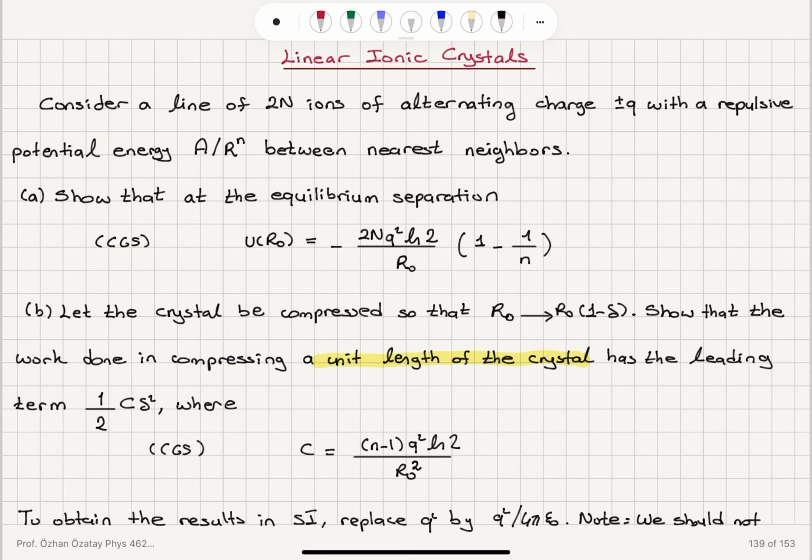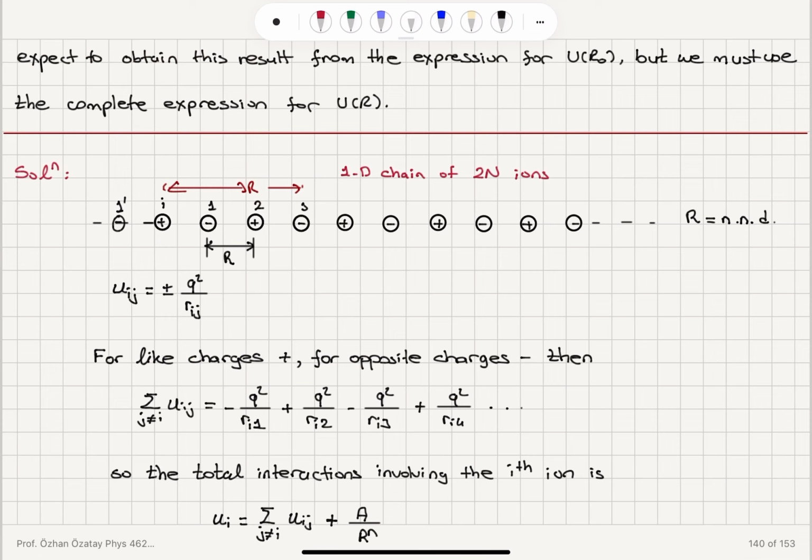So it indeed does. Okay, so we considered a line of 2 capital N ions of alternating charge with a repulsive potential energy A divided by R to the power n only between nearest neighbors. First we wrote the pair potential for the ith ion.